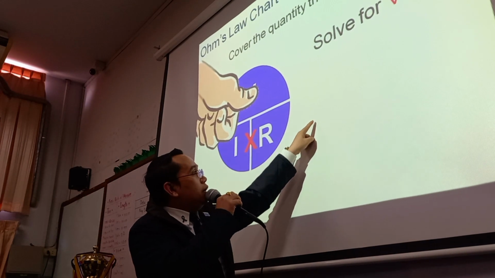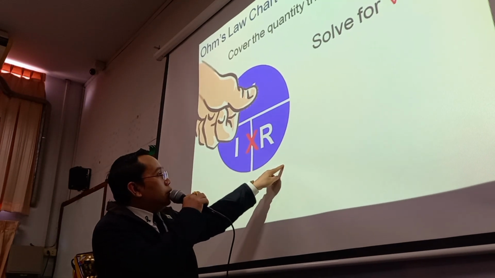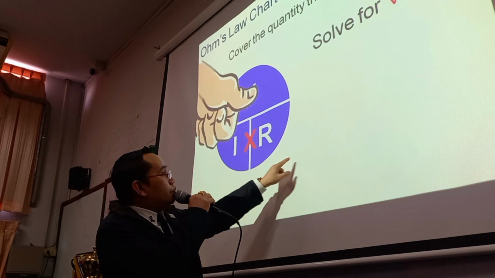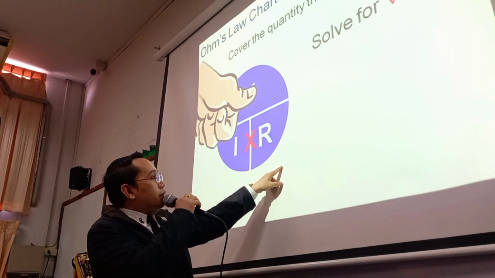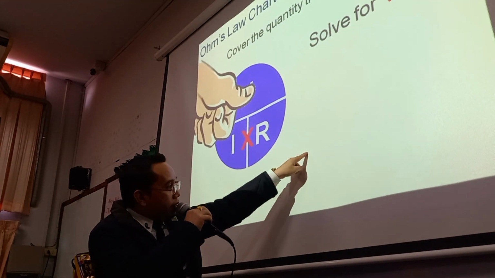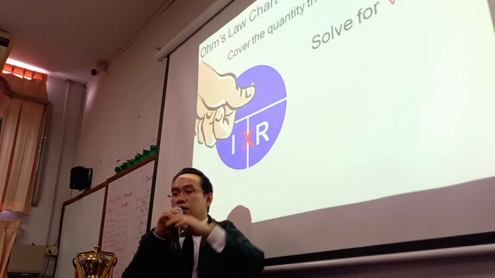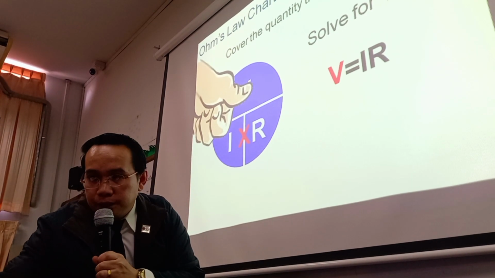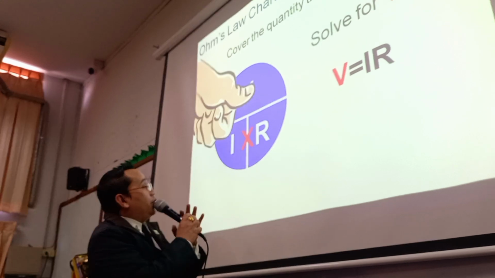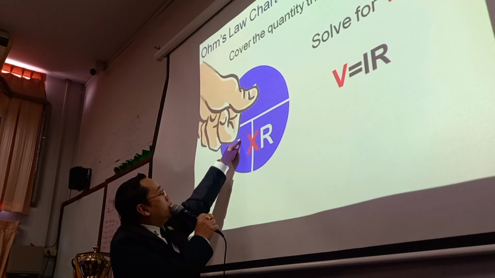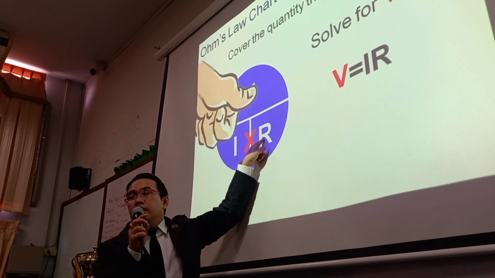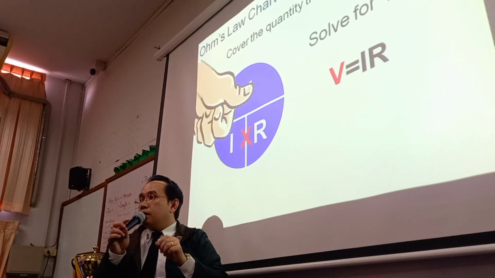You can have V, then you put an underline, and this represents division. So let's find out. For V, therefore, current times R. This is the technique.